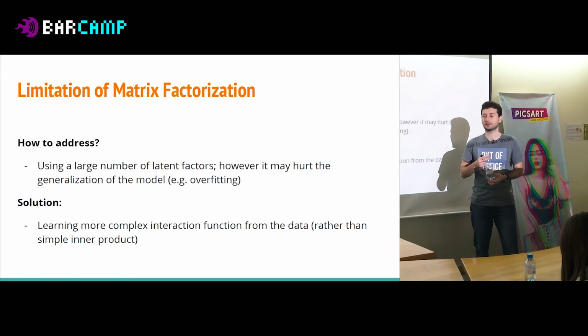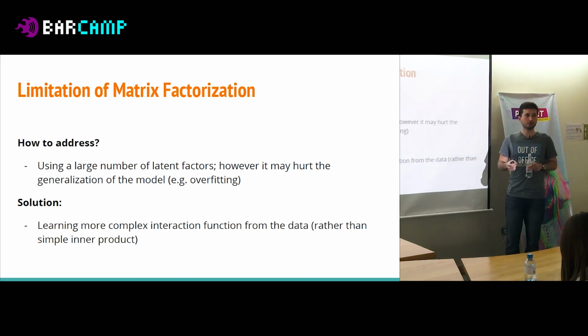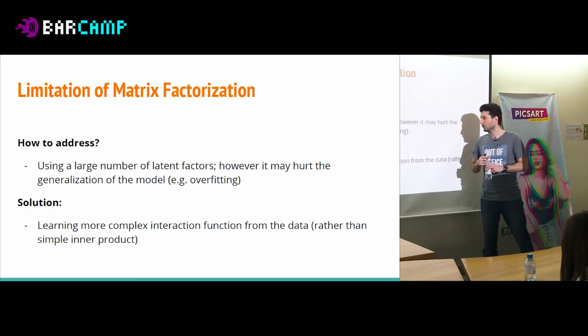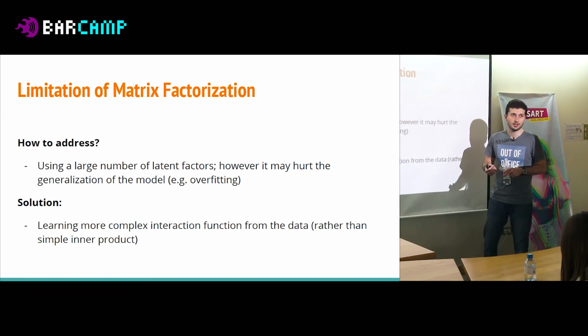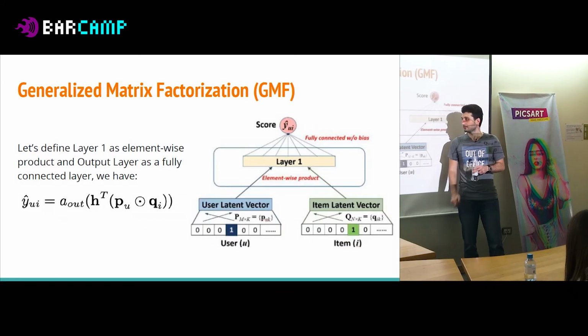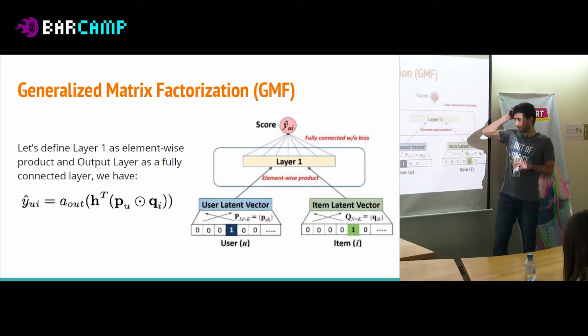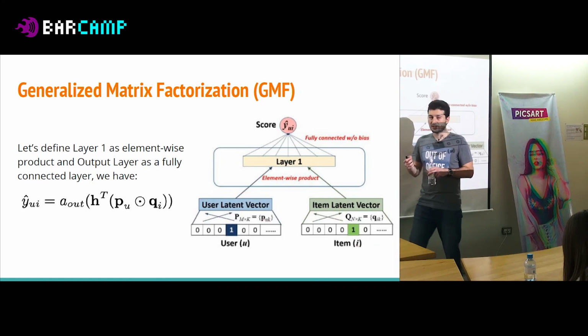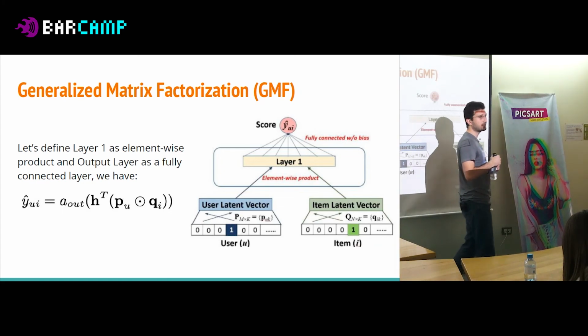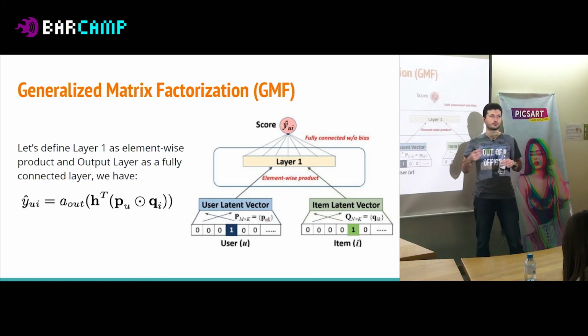It's computationally heavy. The solution could be learning a more complex interaction function with non-linearities. This is where we can use deep learning. But the first step could be to try to generalize matrix factorization as just a network.